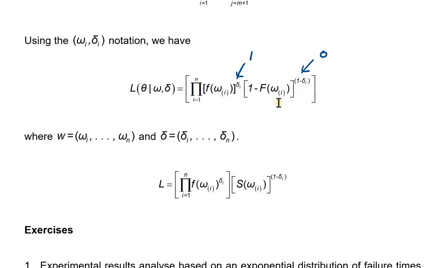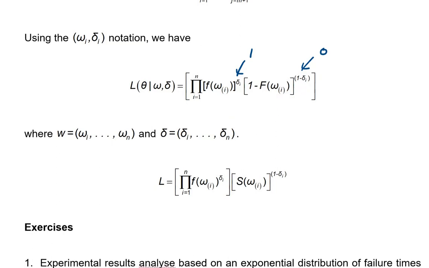Let's say delta i is equal to 1, which is uncensored data. Delta will be 1, so we have the PDF function. When we substitute delta as 1, 1 minus 1 is 0, so we don't have the other function; we just have this function.